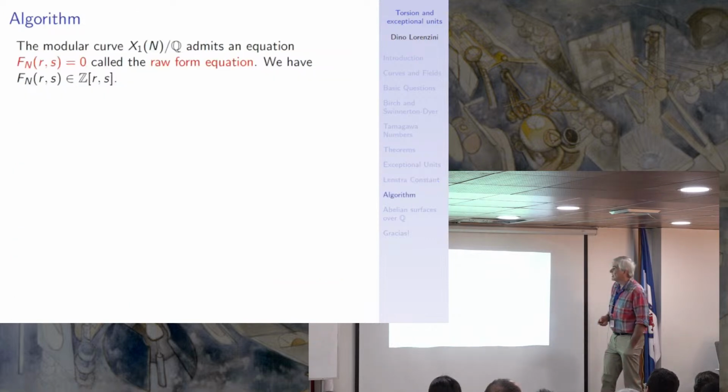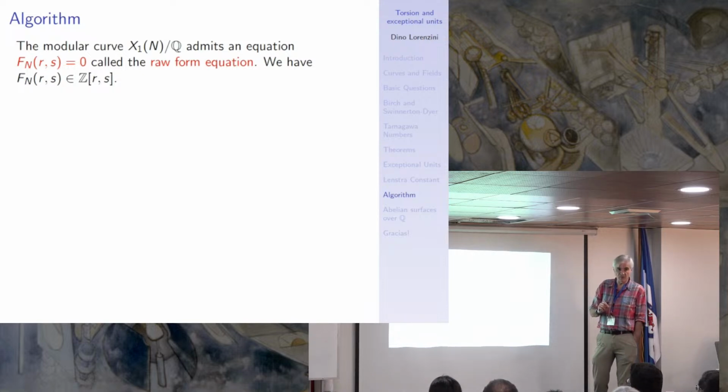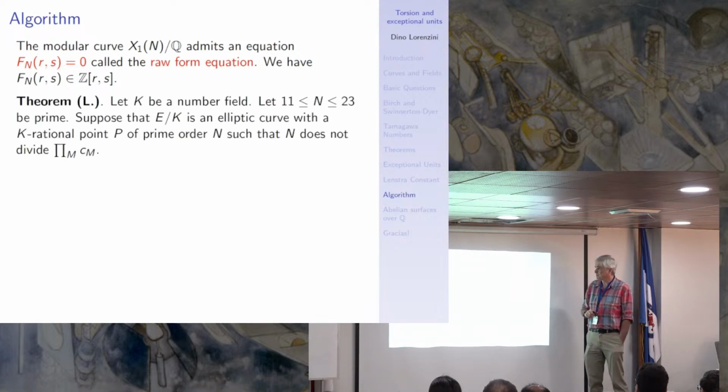All right. Okay, so here's the algorithm to find them if you wanted to find them. I'm going to take the modular curve X1(n) and a very specific equation for it called the Rowe form equation. That's an equation with coefficients in Z. And the theorem is the following.